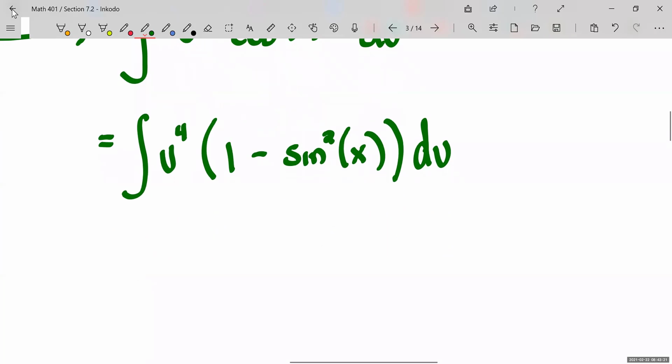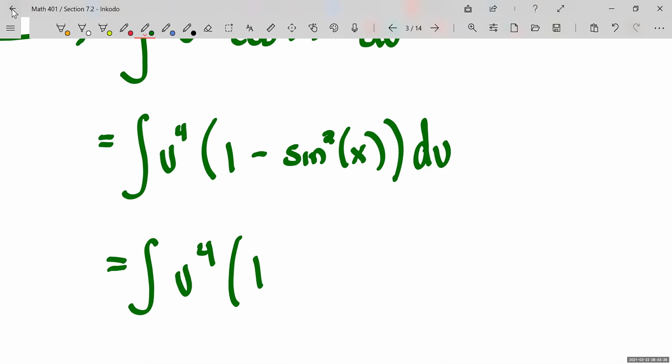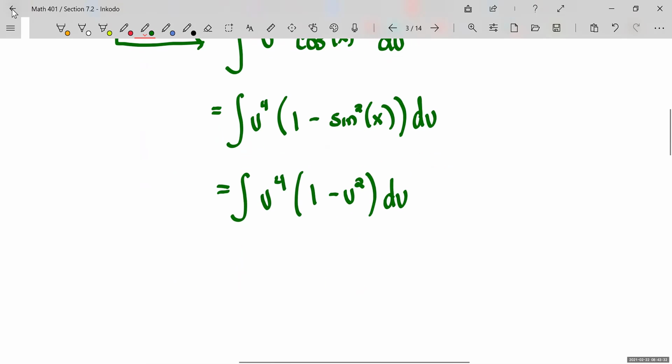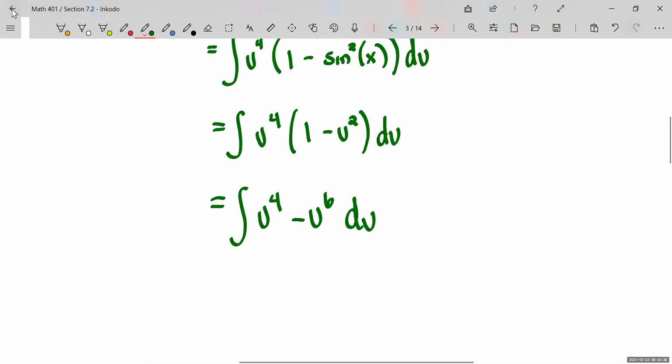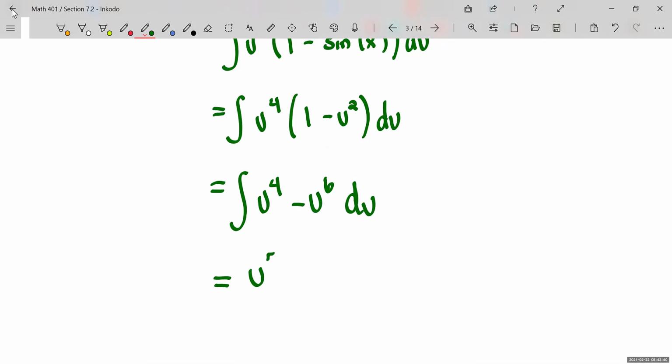So this is the integral of u to the fourth times 1 minus u squared du. Then you just distribute and integrate a polynomial. u to the fourth minus u to the sixth du, and integrate. That's u to the fifth over 5 minus u to the seventh over 7 plus c.